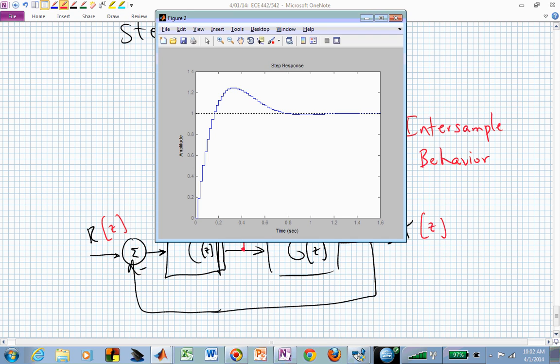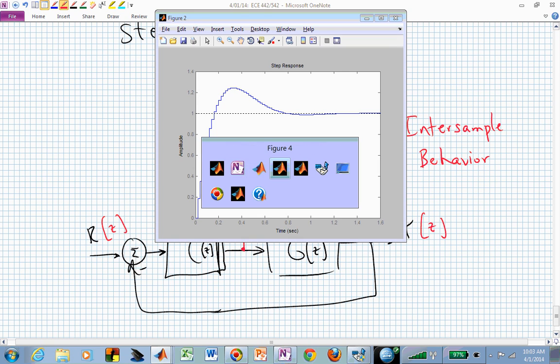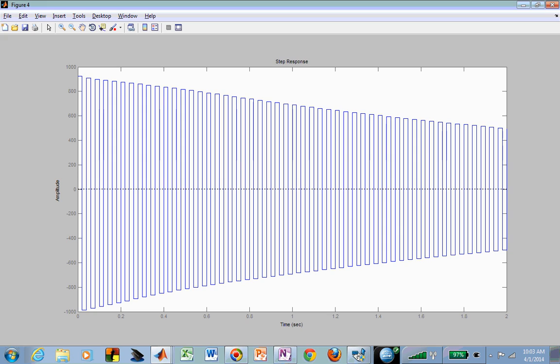We're not seeing what might be happening in between each of those sample periods when we're exciting our system with some input that's so violent as to have this kind of behavior.